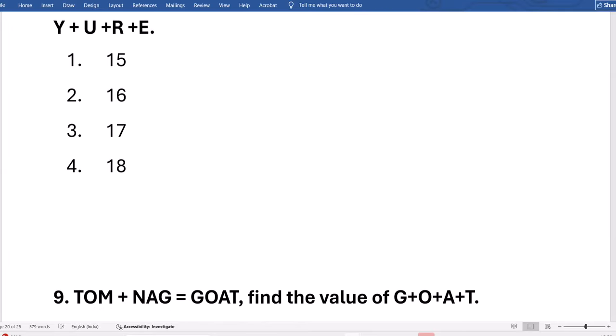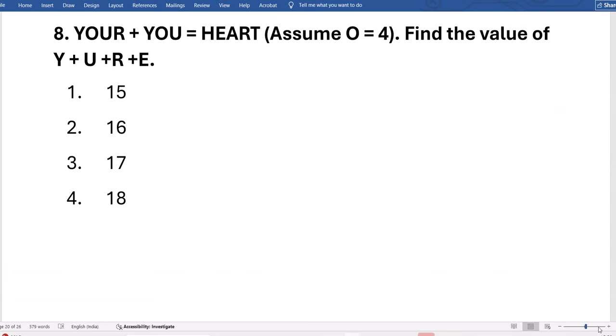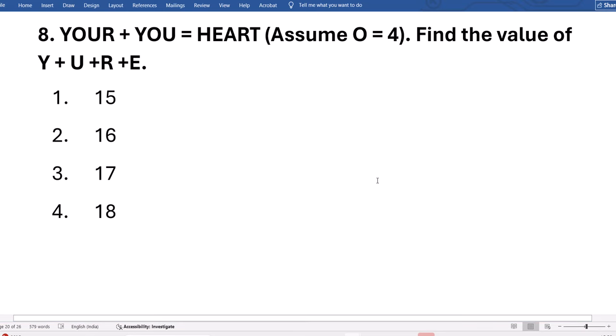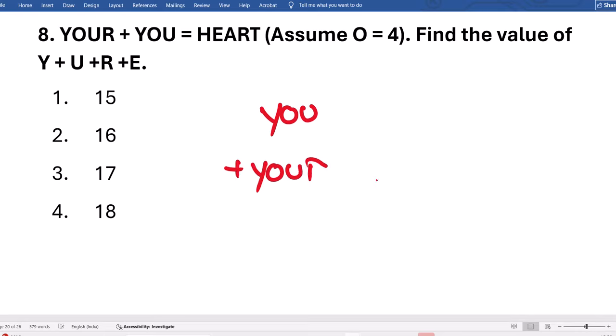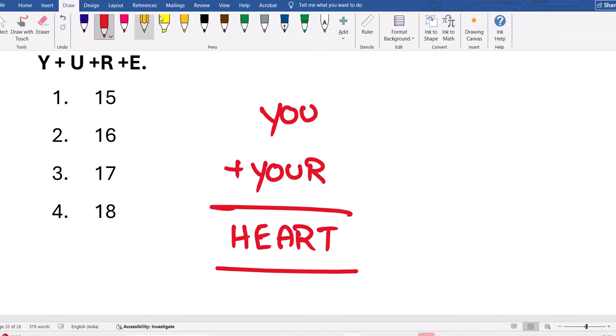Now solve this: YOU plus YOUR equal to HEART. O value is given. So I think when value is given, it's a bit easy for you. First we have to assign. And luckily we have O value already given.